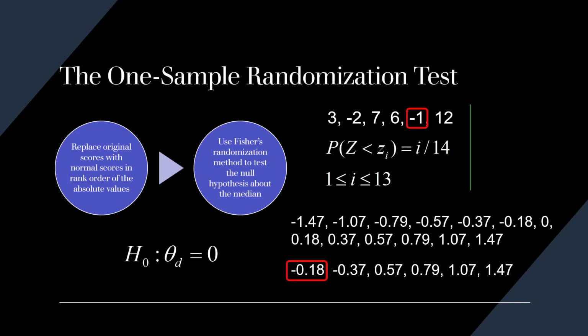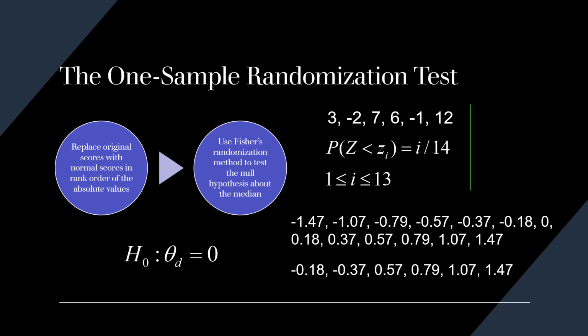I'm now going to look for the next lowest score in absolute value terms, and that is 2. The score that I'll associate with that is 0.37. The 2 has a minus sign, so I'm going to put a negative sign on the 0.37. Next is 3. That's associated with 0.57. That's positive, so I'll leave this normal score positive.